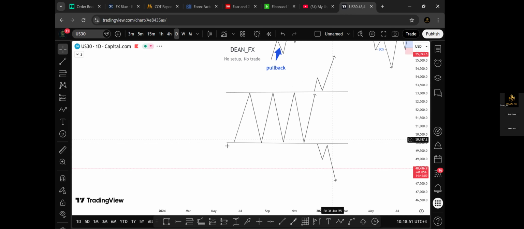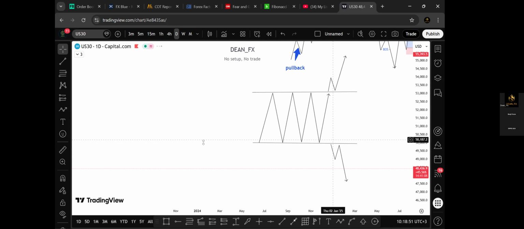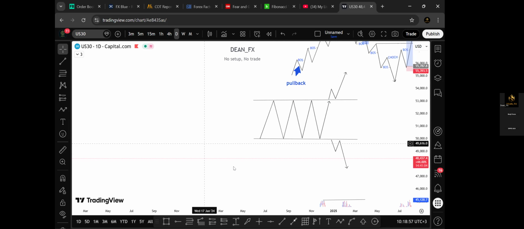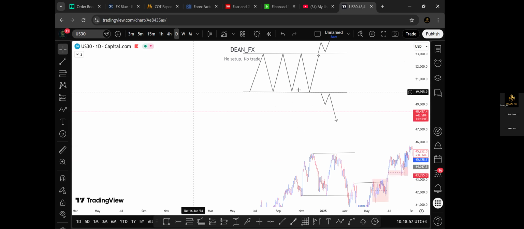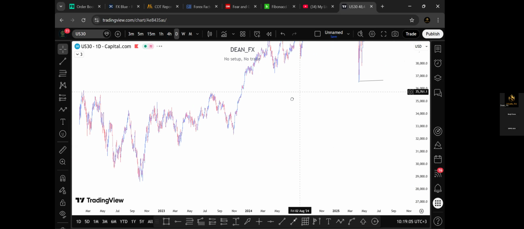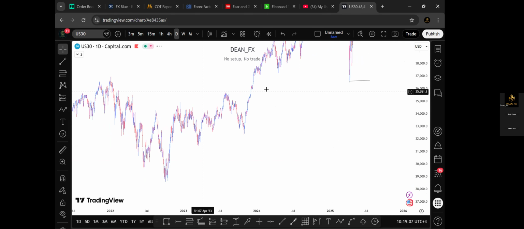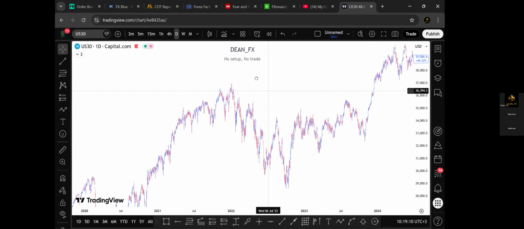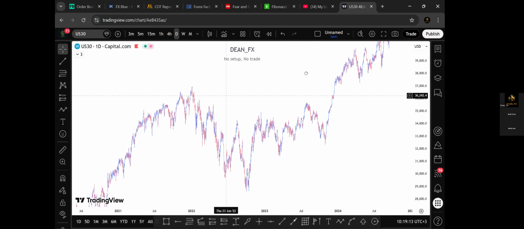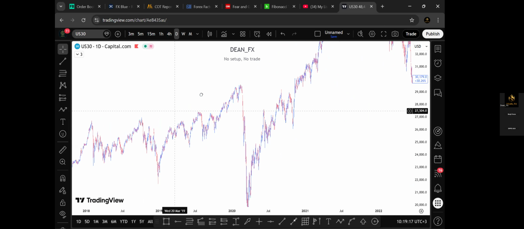So I think I had a zone here. Seems I've got where I marked it. Let's try to find a zone that has consolidated.